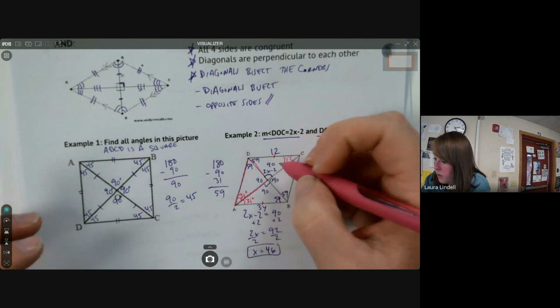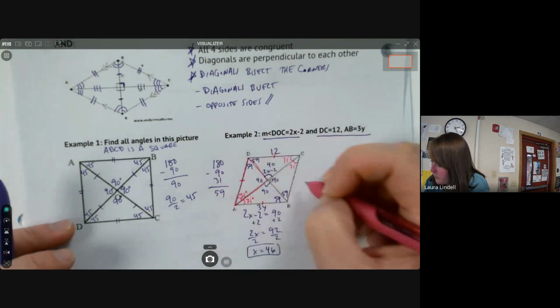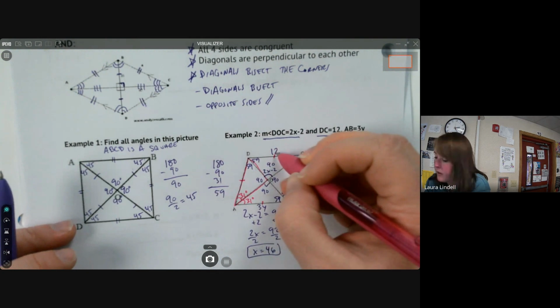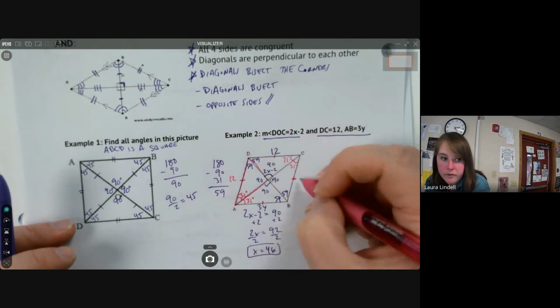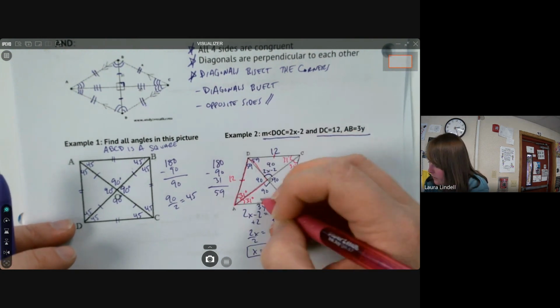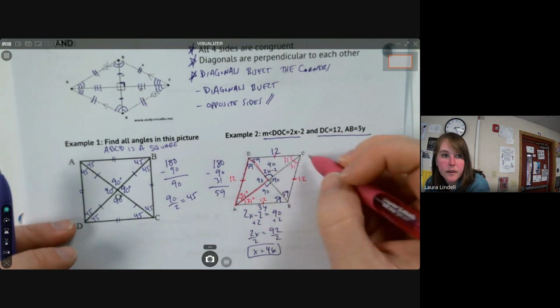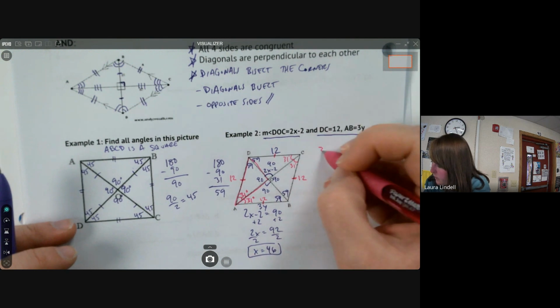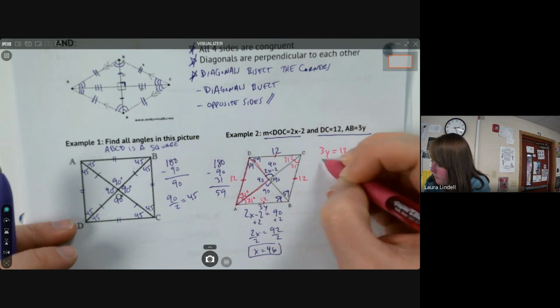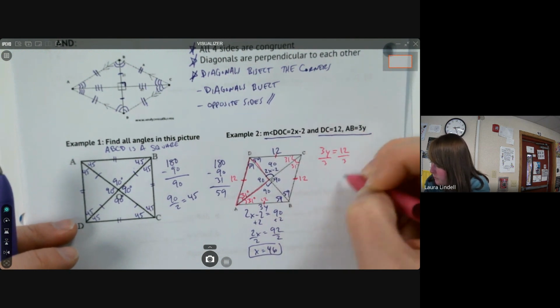And then being a rhombus, all four sides are congruent to each other. So if this side is 12, I know that this side is 12, and this side is 12, and this side is also 12. So if they're all 12, then I can go 3y equals 12. Divide 3 on both sides and get that y is 4.